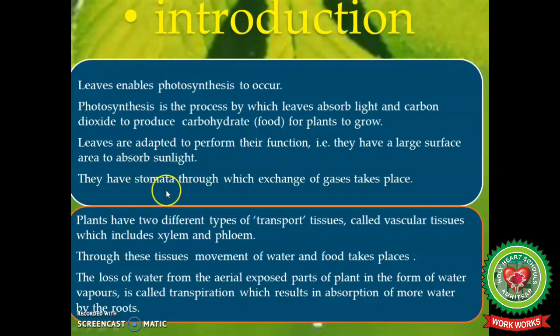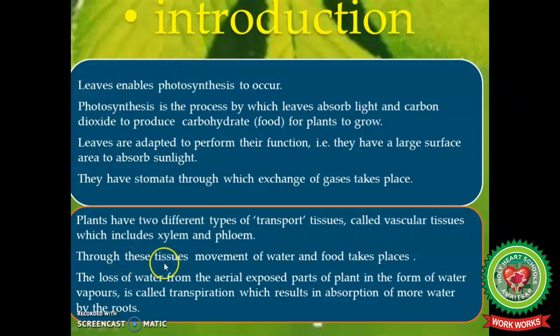They have stomata through which exchange of gases takes place. Plants have two different types of transport tissues called vascular tissues, which include xylem and phloem.